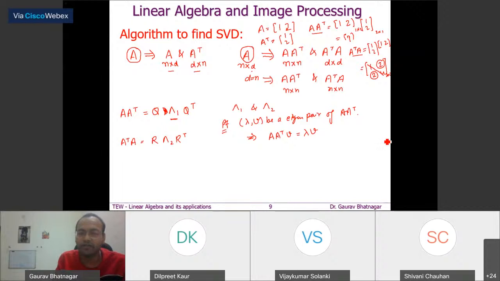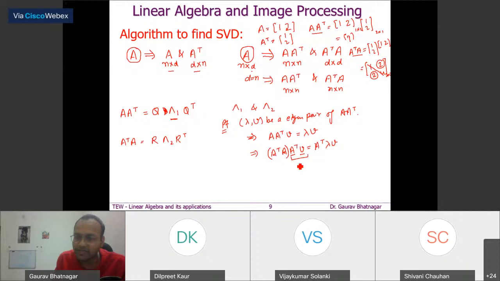Now I just need to convert it into A transpose A. So just multiply A transpose on both sides, and you will get A transpose A A transpose V is equal to A transpose lambda V. Now look at this combination, which is the multiplication of a matrix with a vector.